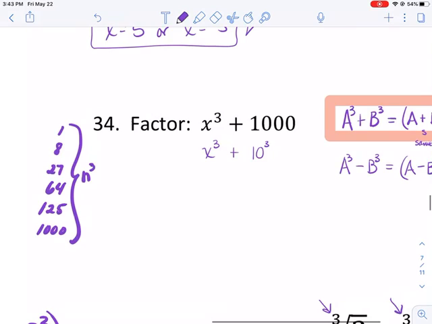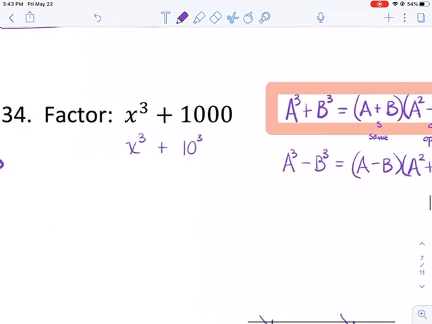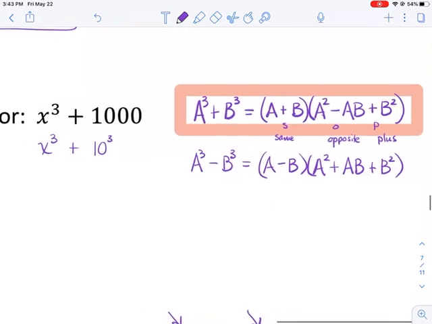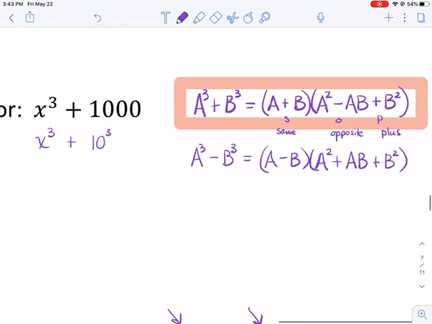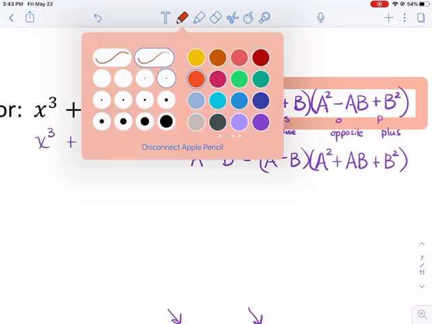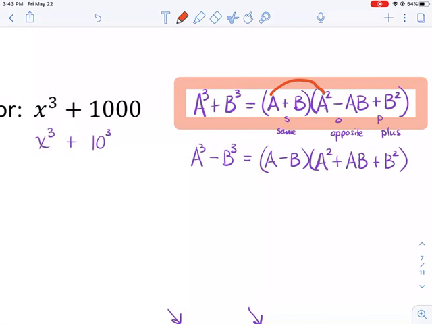To factor this, you're going to use a factoring formula. If you recall, a cubed plus b cubed uses what I call the SOP method, same, opposite, plus, for the signs. Knowing that you have to get a cube, a times a squared would give you the a cubed, and b times b squared would give you the b cubed, and then the middle term is the opposite sign times both of the bases multiplied together.